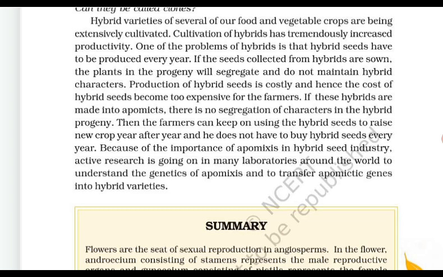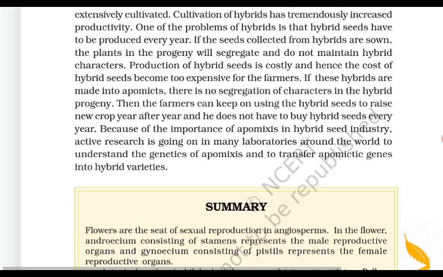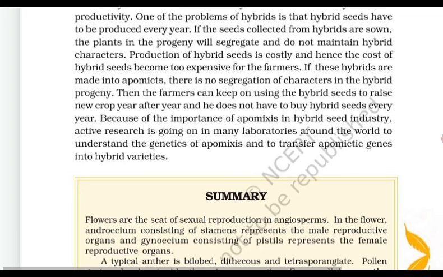So let's proceed with apomixis and polyembryony. Although seeds in general are the products of fertilization, a few flowering plants such as some species of Asteraceae and grasses have evolved a special mechanism to produce seed without fertilization, called apomixis. Seed without fertilization is called apomixis.